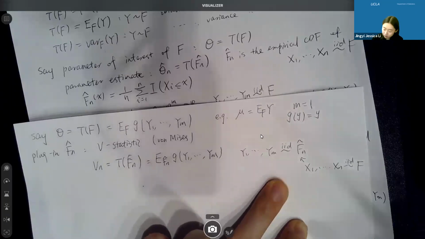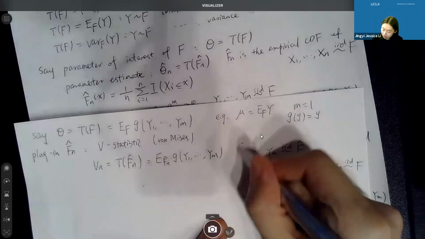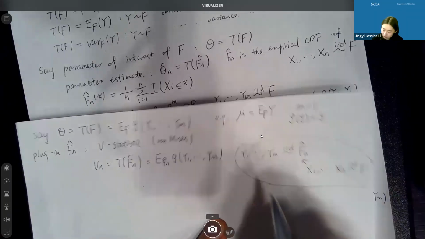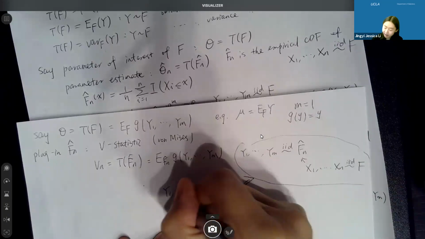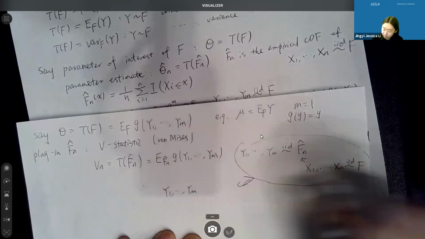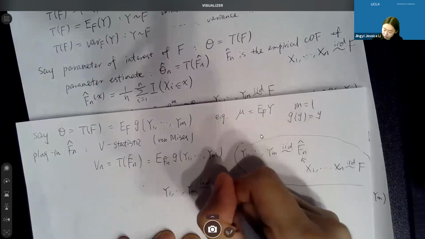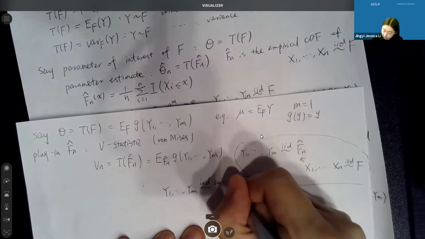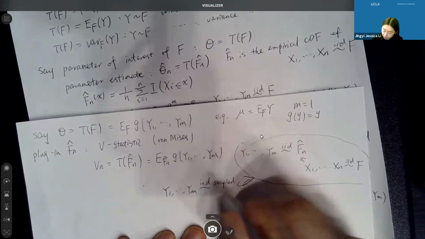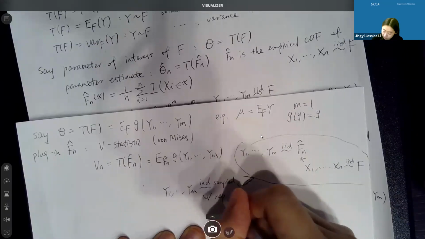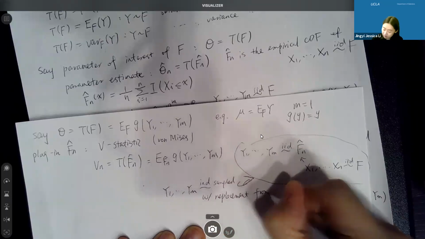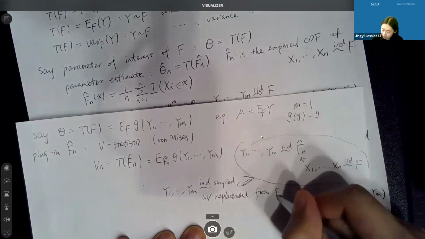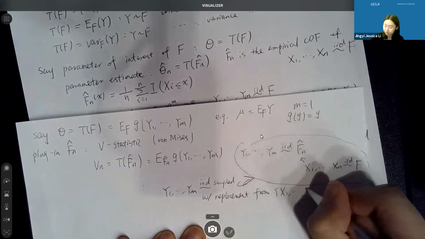That's what I mean. So this part is essentially saying that y1 to ym are independently sampled with replacement from the set x1 to xn.